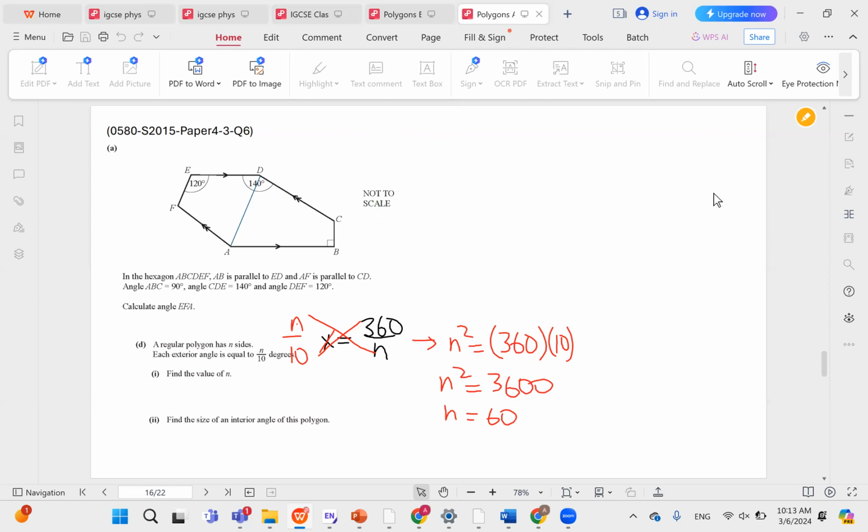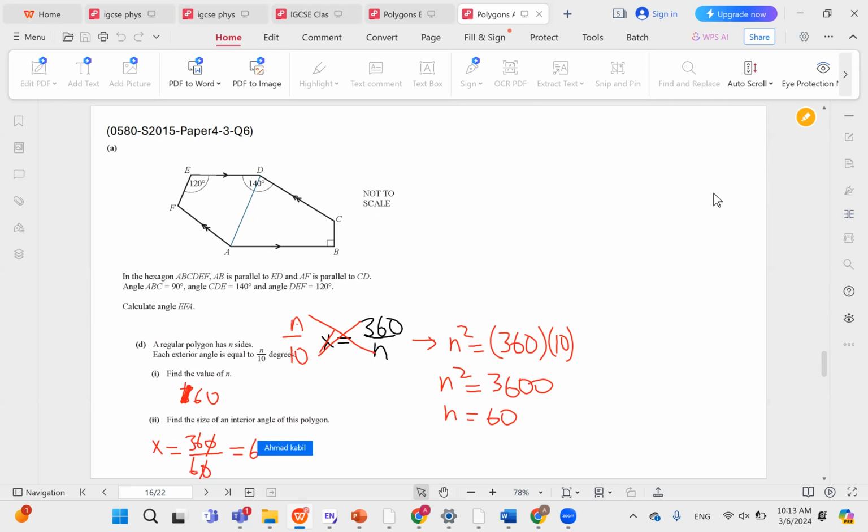Now that we have n, we want the size of an interior angle of this polygon. So let's first get the exterior angle. x equals 360 over n. Excuse me, I'm very sorry. n is 60 here, not 360. This is a mistake. We got n as 60. So 360 over 60, and this gives us 6.